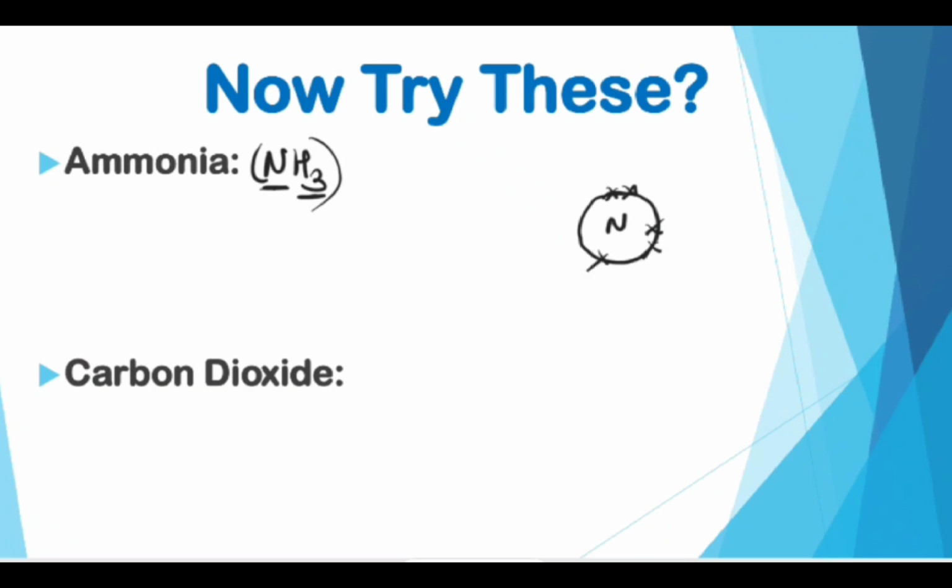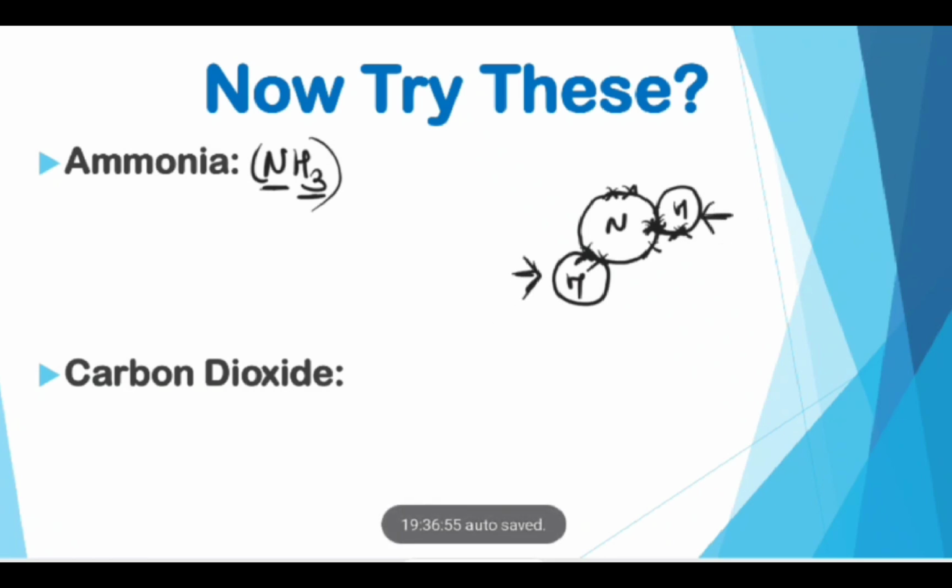That means it requires 3. Here is a hydrogen atom which is willing to share 1. Hydrogen is complete out here. We have another hydrogen here, which is ready to share its electron, and when the teacher comes to this hydrogen, it has 2. When the teacher comes to this one, it has 2. It comes to this one, it has 2.